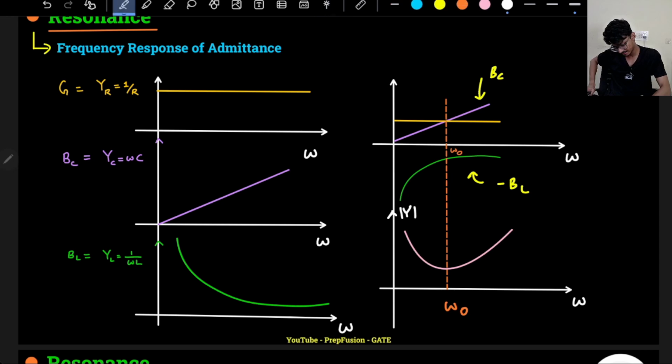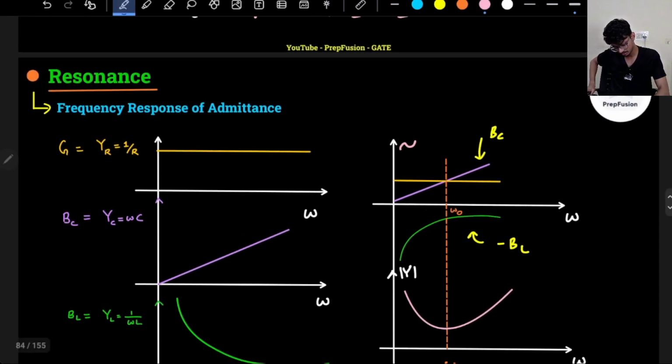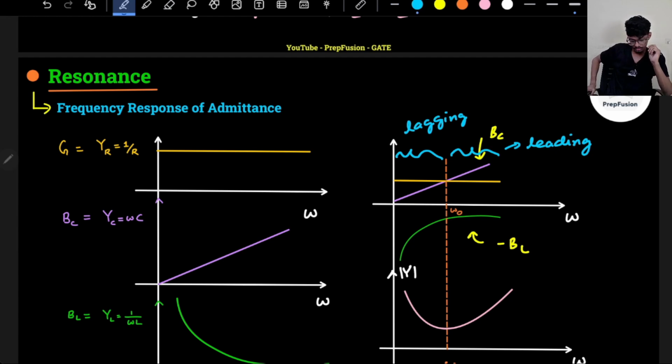But in this region it will be lagging, in this whole region. In this whole region it will be leading.